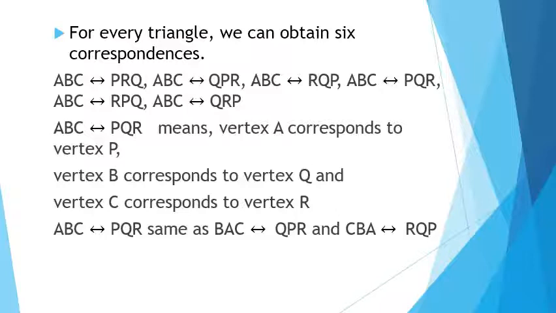What does BAC corresponds to QPR mean? Vertex B corresponds to vertex Q, vertex A corresponds to vertex P, vertex C corresponds to vertex R. That is the same as the first example.